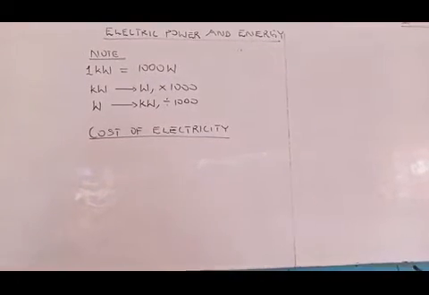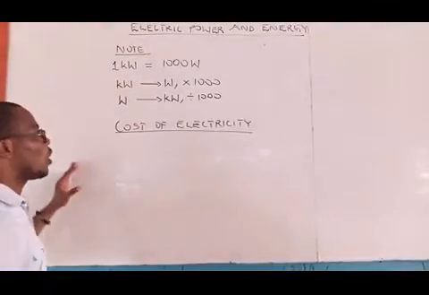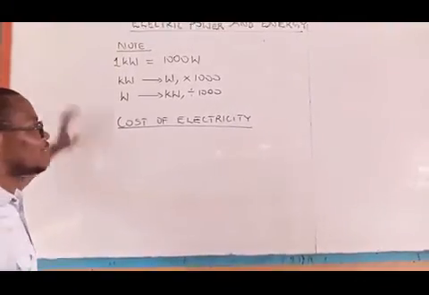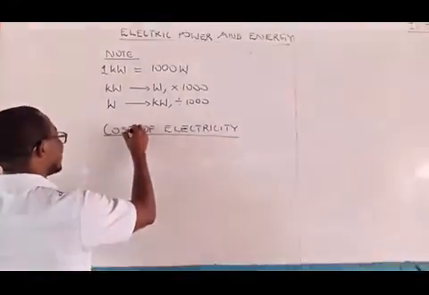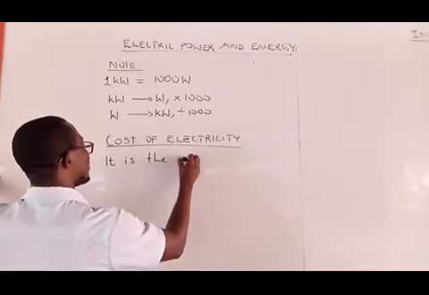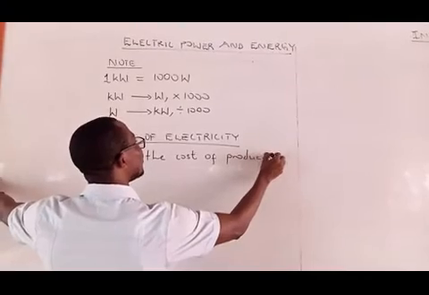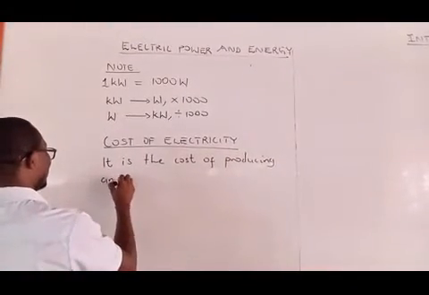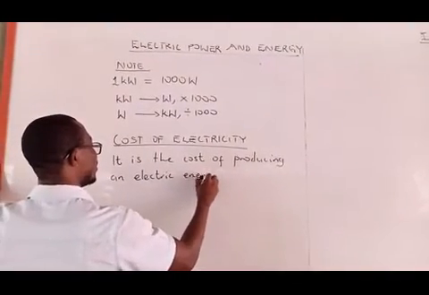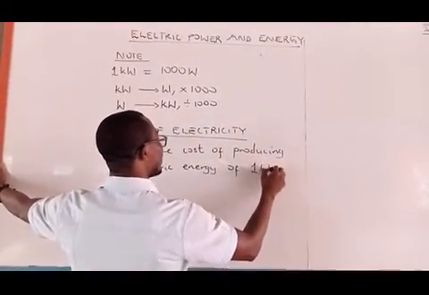So cost of electricity is simply the cost of producing electric energy of 1 kilowatt hour.